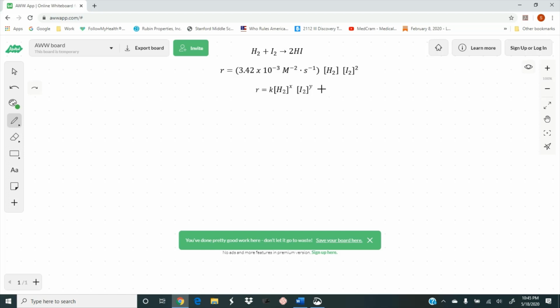I didn't want to get rid of my equations. So here is my K. And here is my X. And here is my Y.